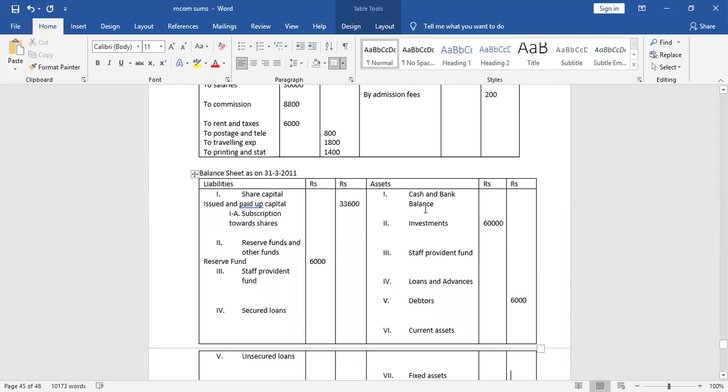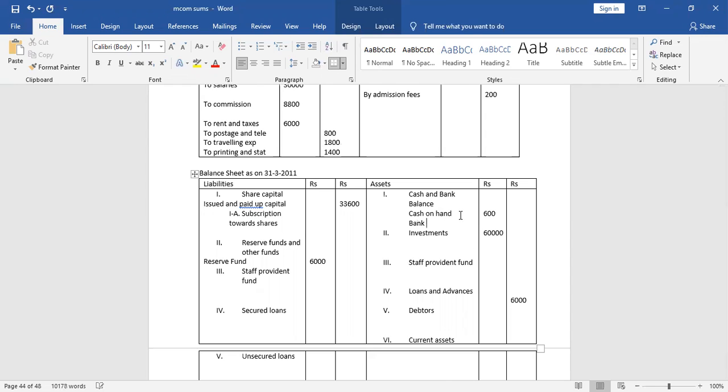So cash on hand 600, and we have bank balance 4,000. So this becomes 4,600.